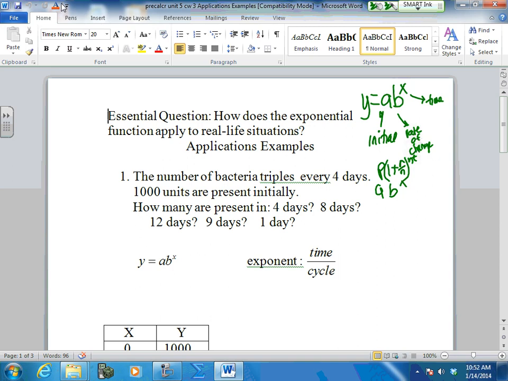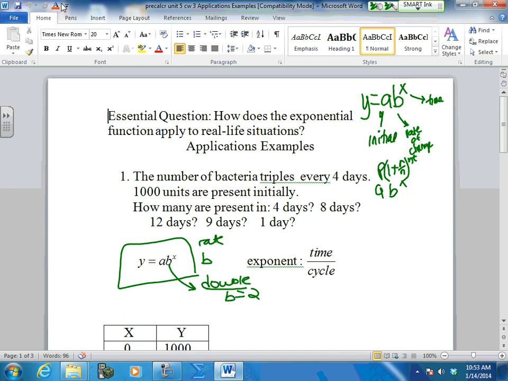If I did a decrease, I did a 1 minus something. So when we do this, we're going to keep this, and B is going to be our rate. Now, if we're doubling, if we double, B is the rate. If we double, then B is going to be 2.